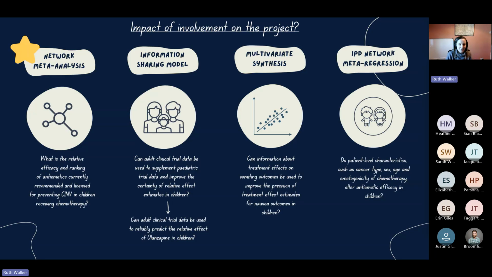But this is evidently coming along with adverse effects. So there's potentially a need to see if we can reduce the number of particular antiemetics given without getting a meaningful reduction in efficacy.